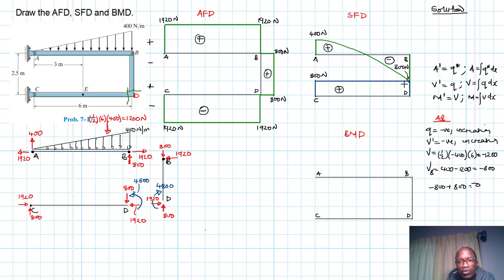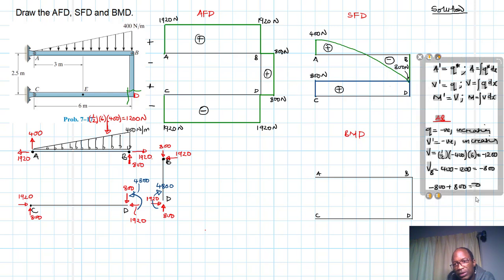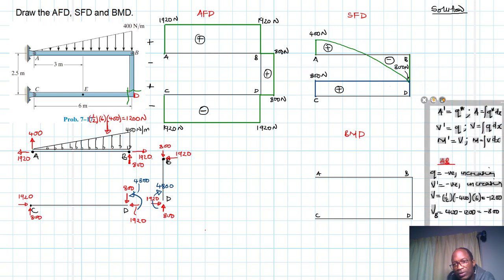Now let's go to D to B. We are starting from D going to B. So let's look at the initial values. What do we have? So at D, we have the initial value of 1920. Okay, let me do this. My space is running out. Let me move this down like so.